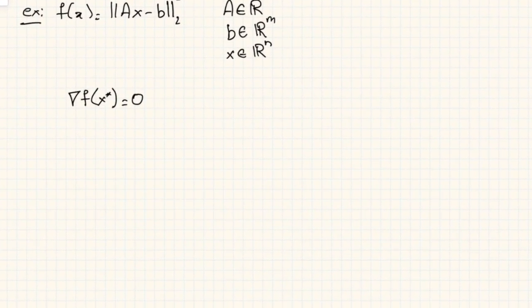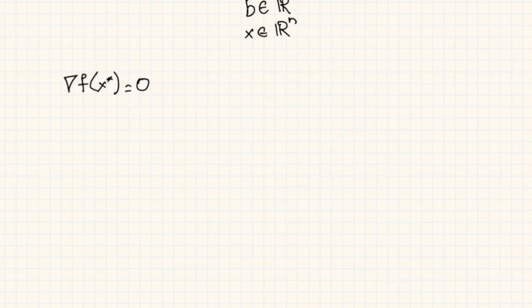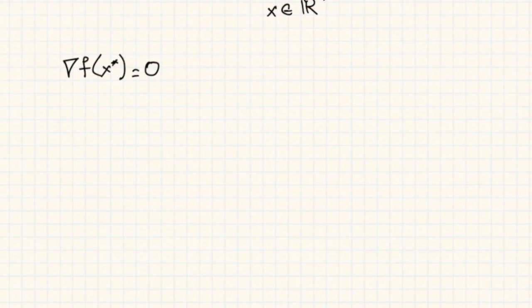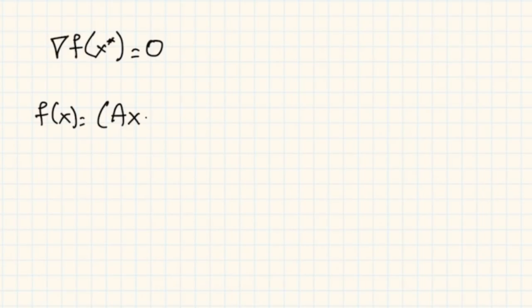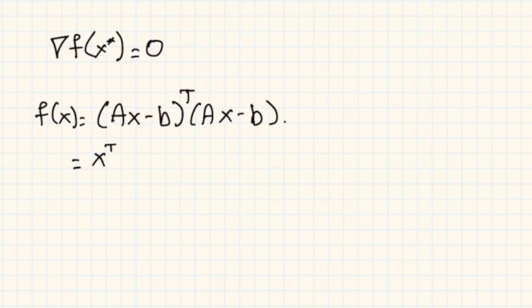Good. Well, what is the gradient? f of x could be written as (ax minus b) transpose times (ax minus b). So it could also be expanded as follows: if we include the transpose, we get x transpose A transpose minus b transpose, all multiplied by ax minus b.